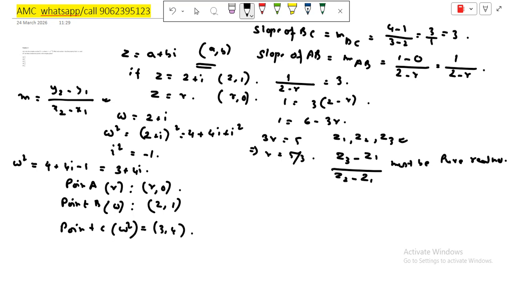Okay, so if you plug in our values, this will become (3 plus 4i minus r) by (2 plus i minus r), right? Now you would have to rationalize this and set the imaginary part to 0.